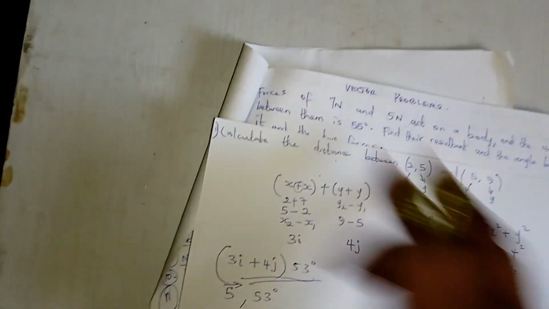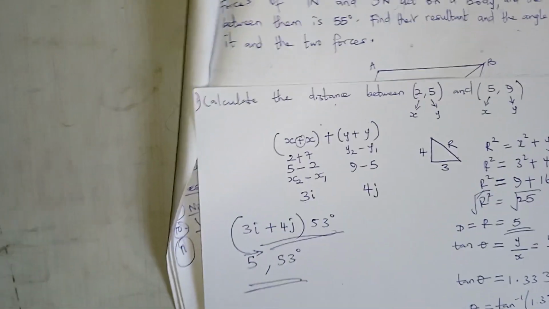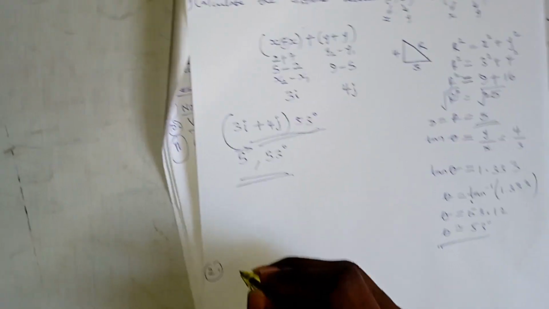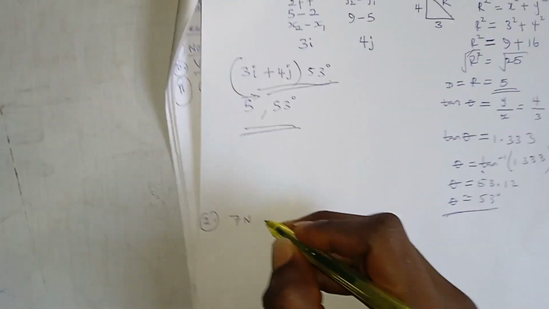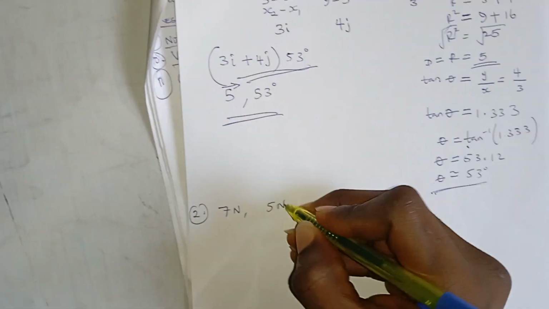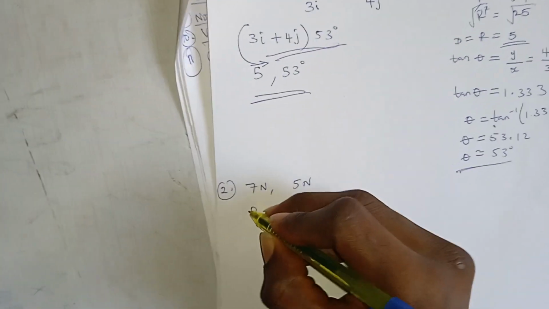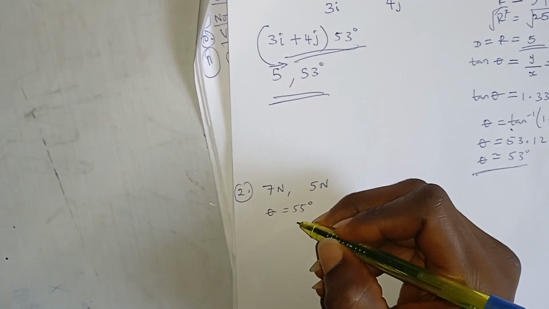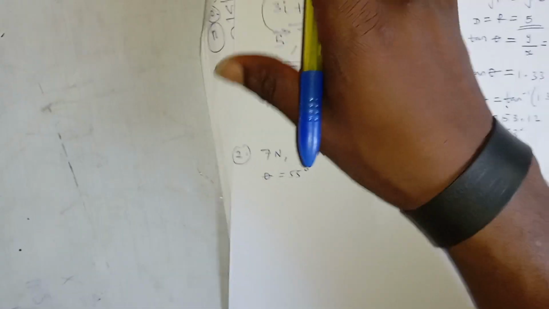Taking note of what the question is talking about, I will say two forces, and they gave me 7 Newton and 5 Newton. They say it acts on a body at an angle. That means theta is given. The angle between them is 55 degrees. And I say find the resultant and the angle between the resultant and the two forces.